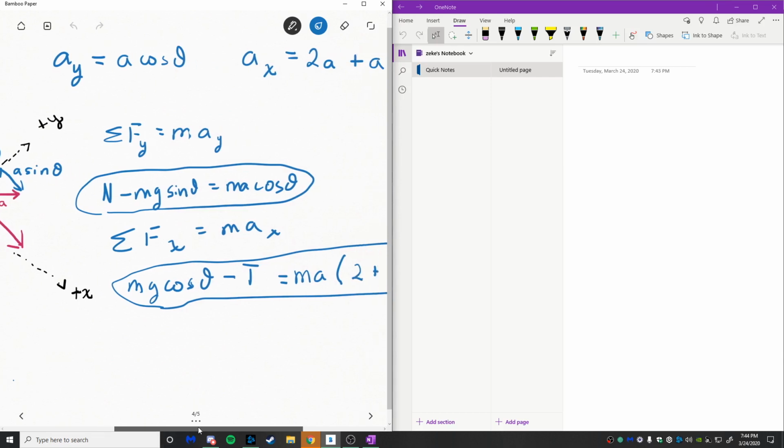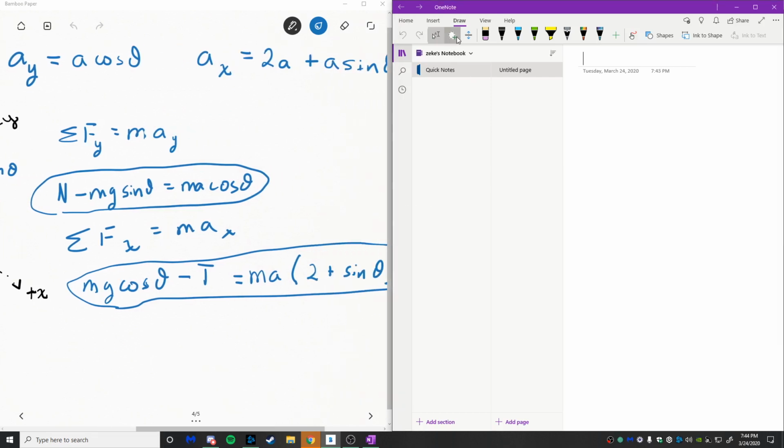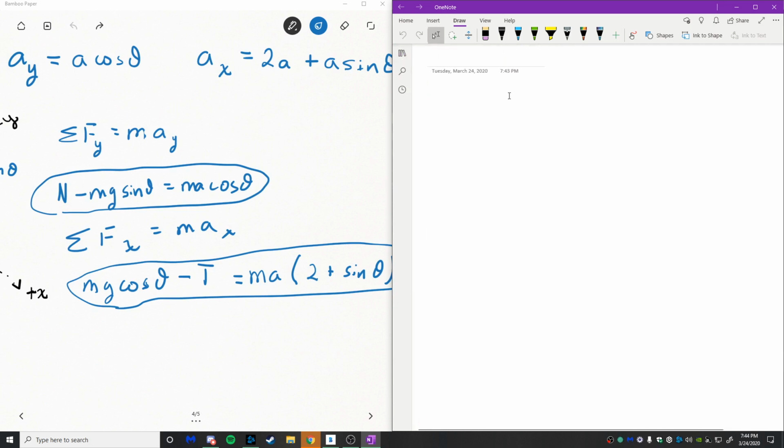Let's try this out. Let's see if we copy. I have to be in the program, right? It's not going to let me. Okay, but I can draw on this. Do I do a new page or something? Is this the page? This is like notes, but it's not a drawing space.